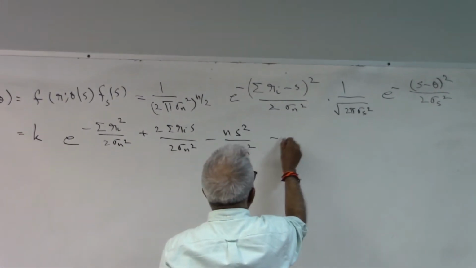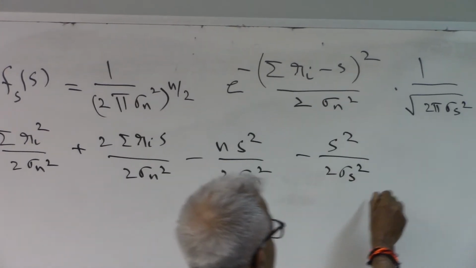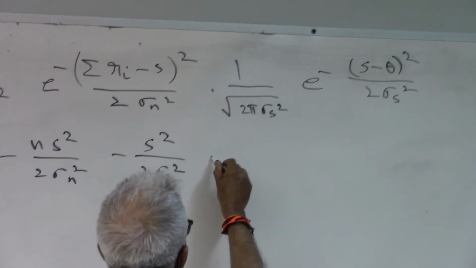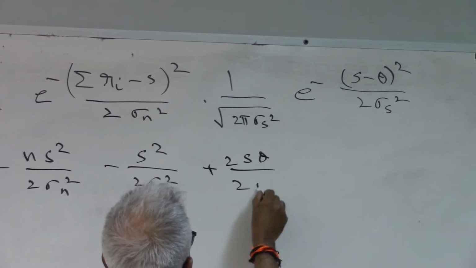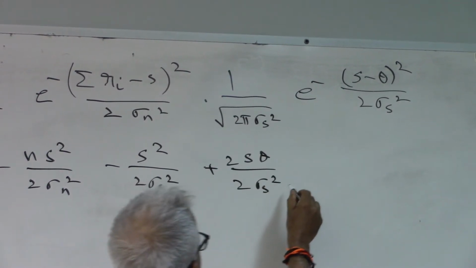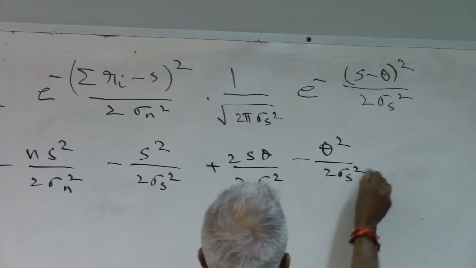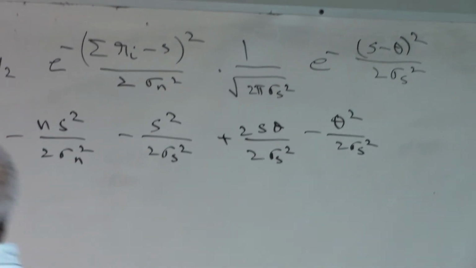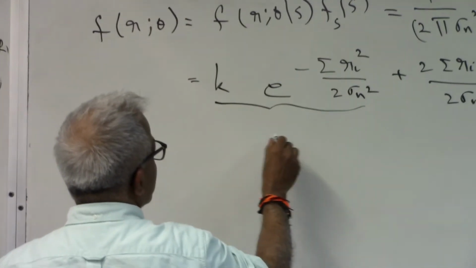And from there, minus S squared over 2 sigma s squared, then plus 2 S theta over 2 sigma s squared, and minus theta squared over 2 sigma s squared. Let me call this whole thing K naught.